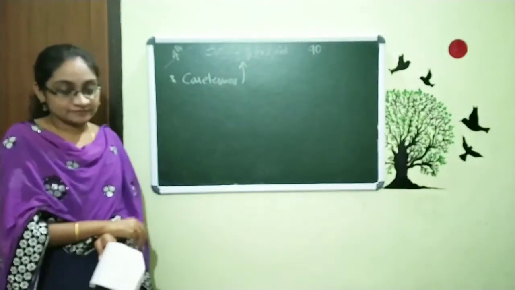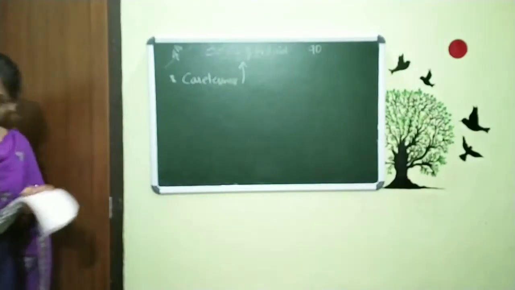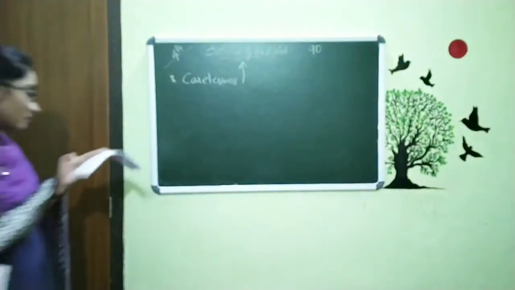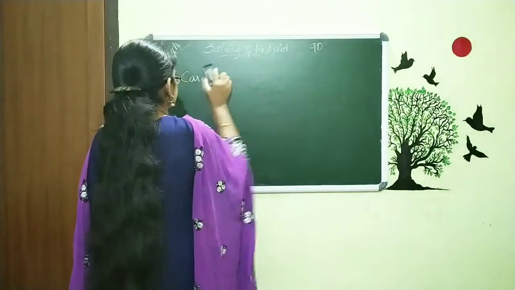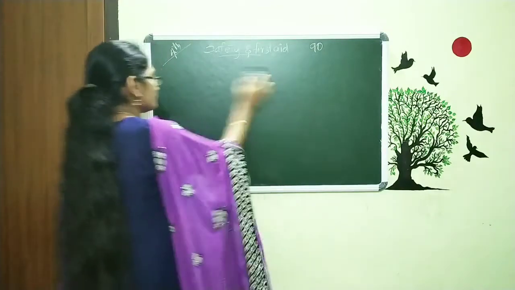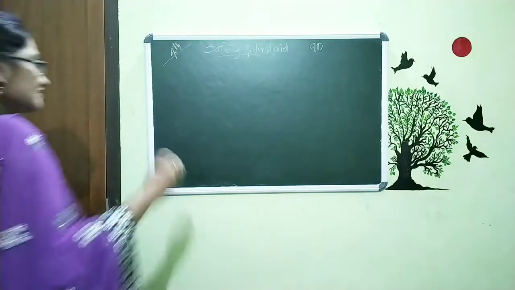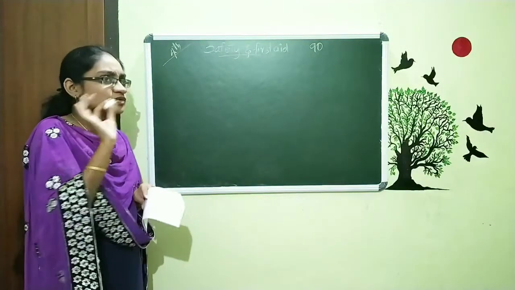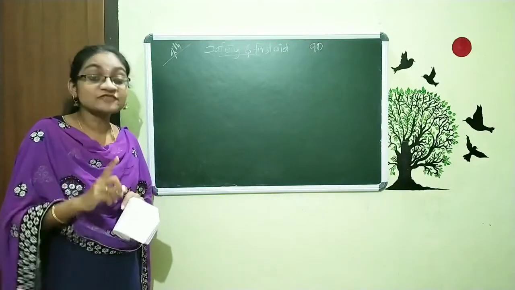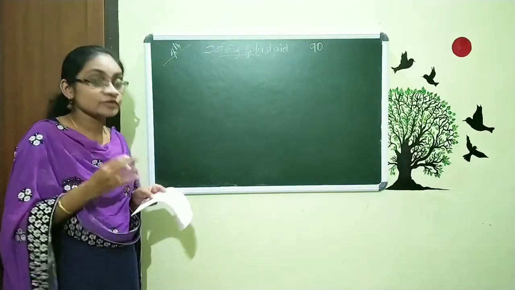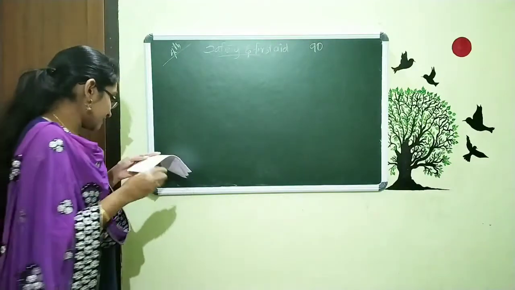First of all, we are going to discuss some of the traffic signals. You can see the traffic signals on page number 90. The diagrams are there. In this area, there is no need to draw them, but you want to identify which symbol is which. That is the thing you want to do here. The first one is this.